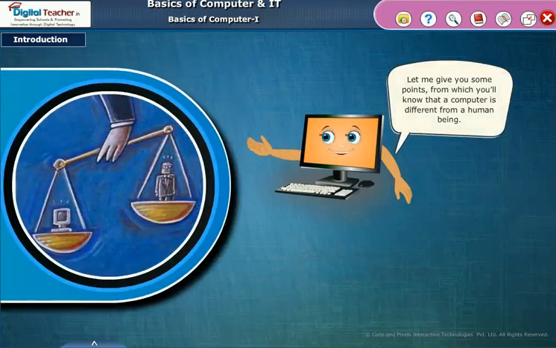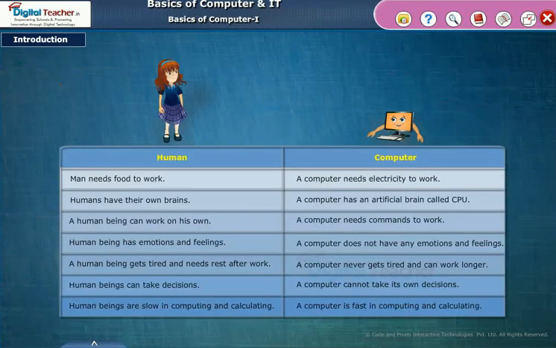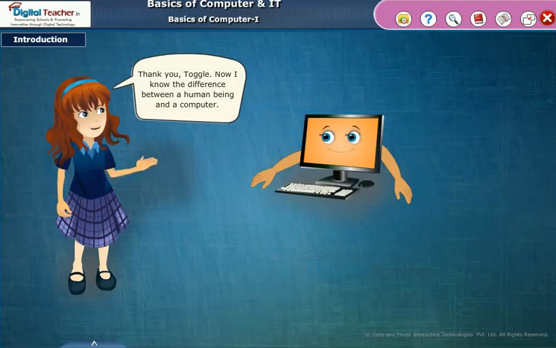Let me give you some points from which you will know that a computer is different from a human being. The below table shows the differences between humans and computers. Thank you, Toggle. Now I know the difference between a human being and a computer.